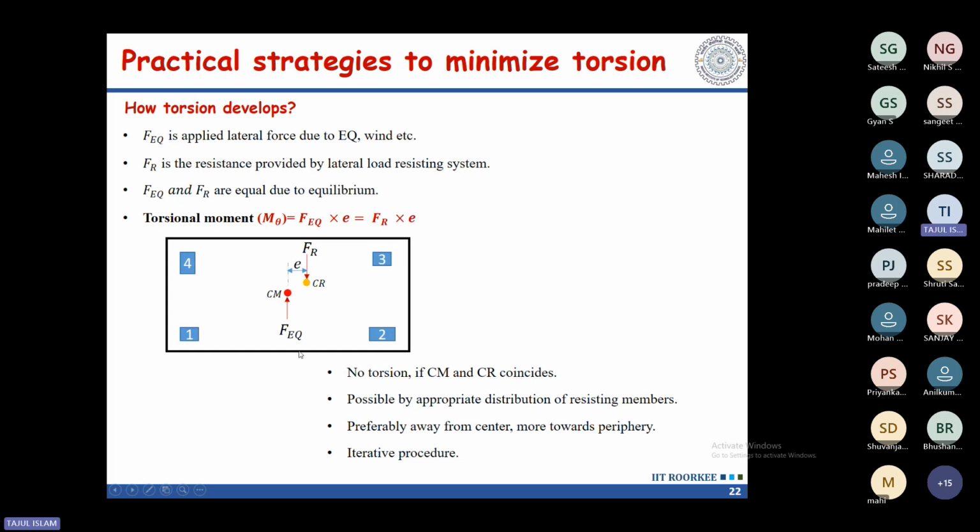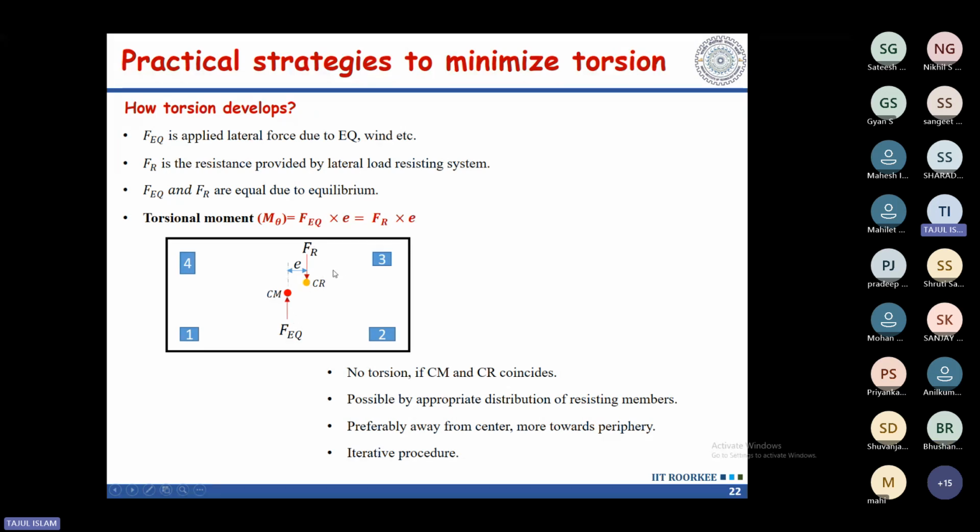So what will happen? Your earthquake force or any lateral force, this will be applied through the center of mass. So this is my input force or applied force, but your resistance will be applied through the center of rigidity or center of stiffness. So now you can see from the equilibrium, if you satisfy the force equilibrium condition, the force applied should be equal to the resisting force.